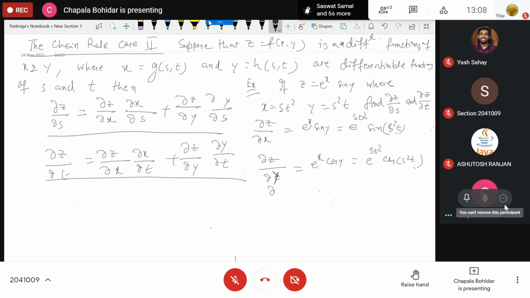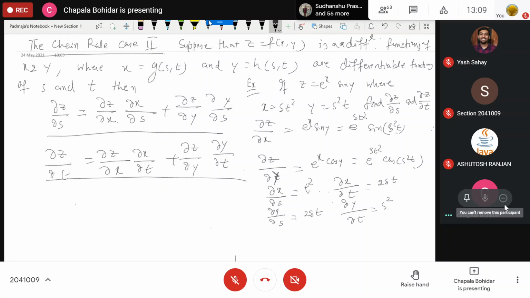So del x by del s is equal to t square, del x by del t is equal to 2st, del y by del s is equal to 2st, del y by del t is equal to s square. So now put the values.